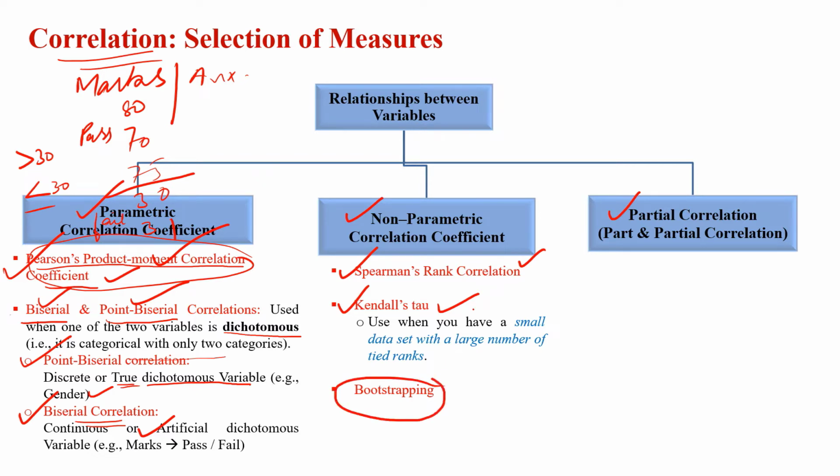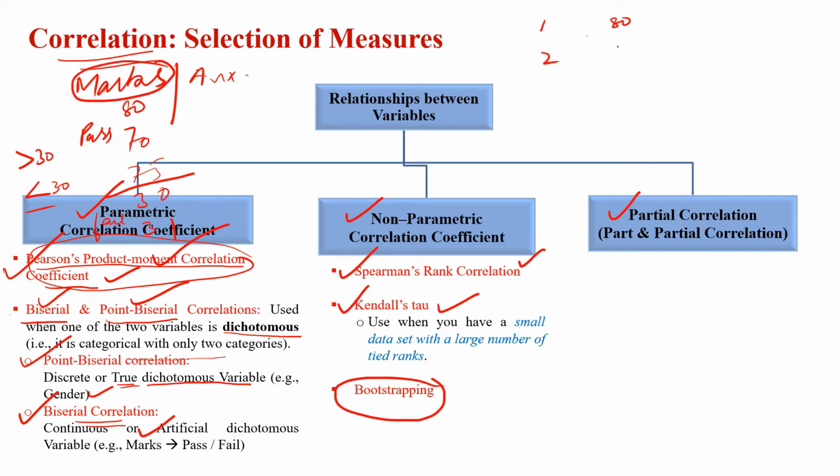Bootstrapping is basically sampling with replacement. For example, say the sample we have taken is from 5 different participants, and I am applying bootstrapping on a variable, marks.